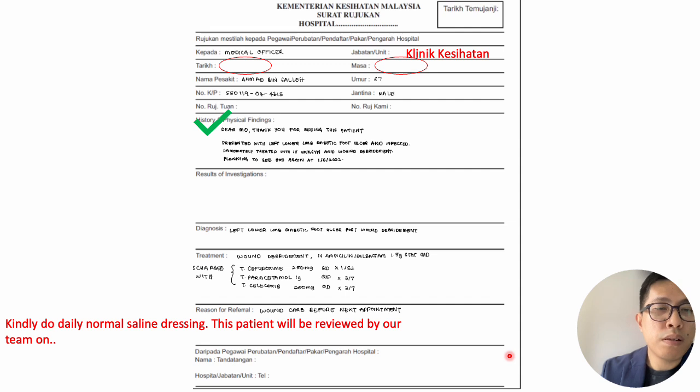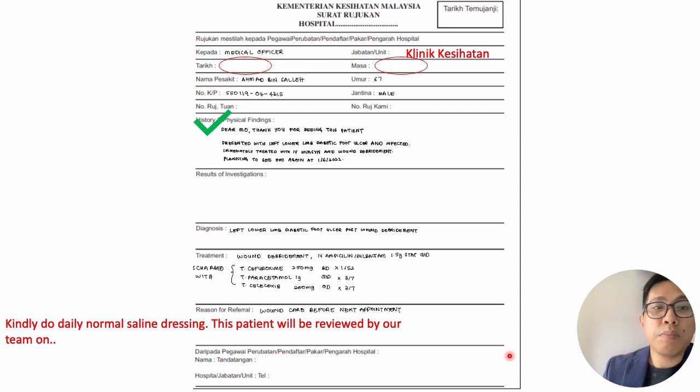So writing a referral letter is fairly simple and straightforward. This comes with practice, so my advice is for you to keep on looking at medical records. How do doctors refer? Some referral letters are three or four pages because the patient has been admitted to ICU and every piece of information is very important.